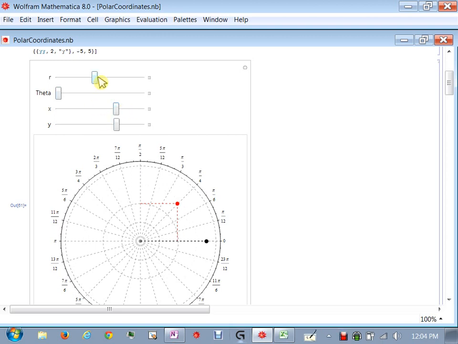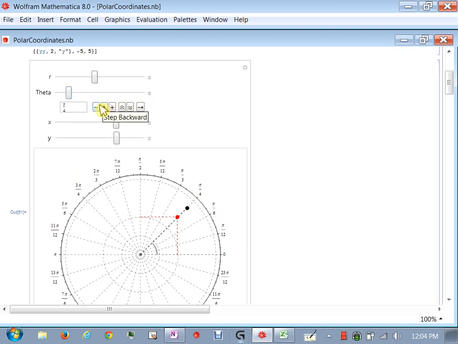I should be able to go out a certain distance and then rotate through a certain angle. Let's say right about there. And then bring my radius back. You get the idea, right? So that x-coordinate and y-coordinate could also be gotten to by rotating through a certain angle and walking out a certain distance. Yes?